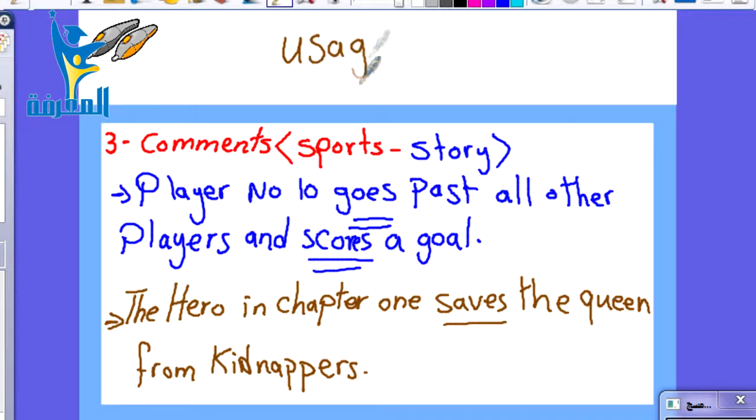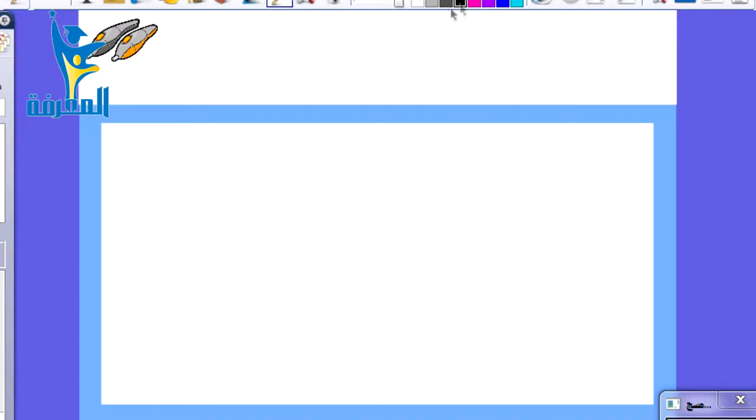We are still in the usage of the present simple tense. Let's go to another point. It's also used for giving direction.